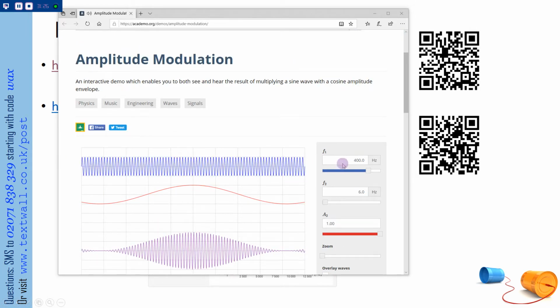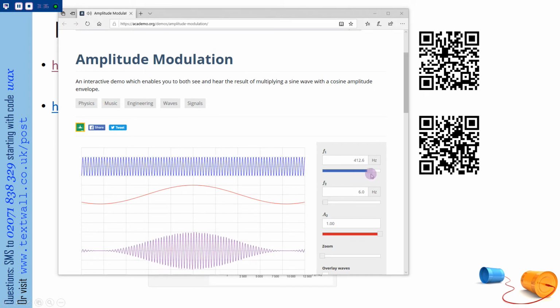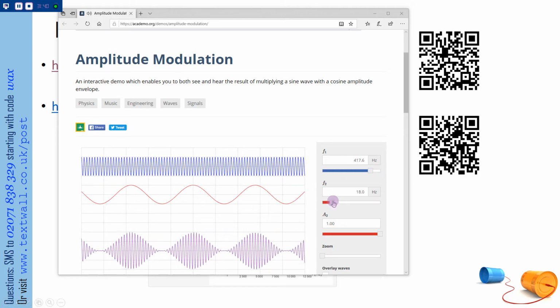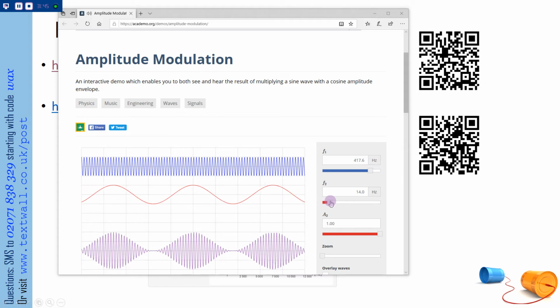So here we have the carrier in blue, high frequency, the message in red. And I can change the carrier frequency. And I can change the message frequency. See how that changes the AM signal.